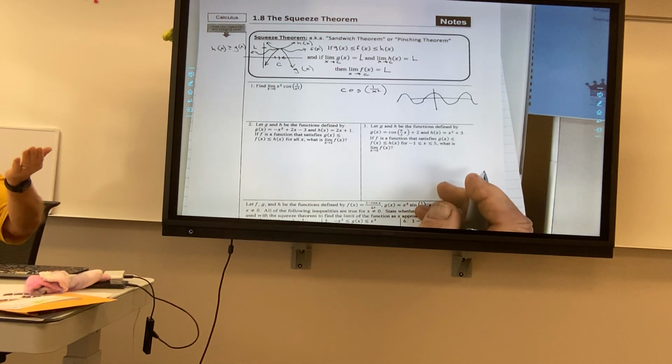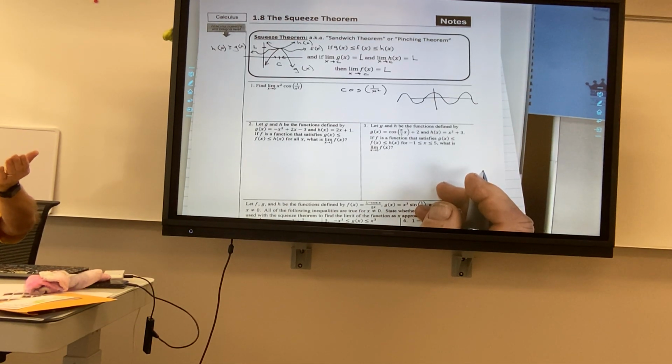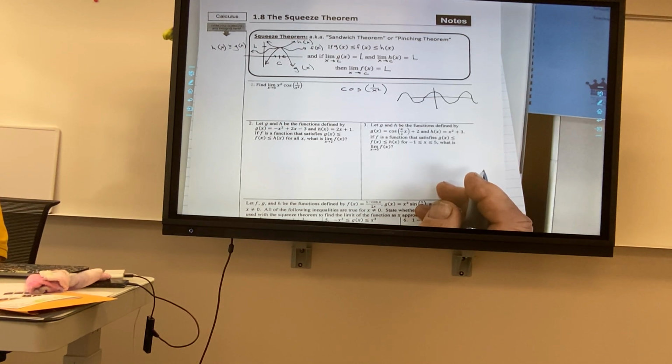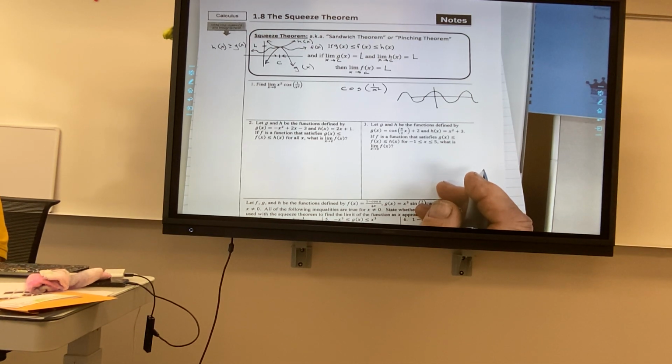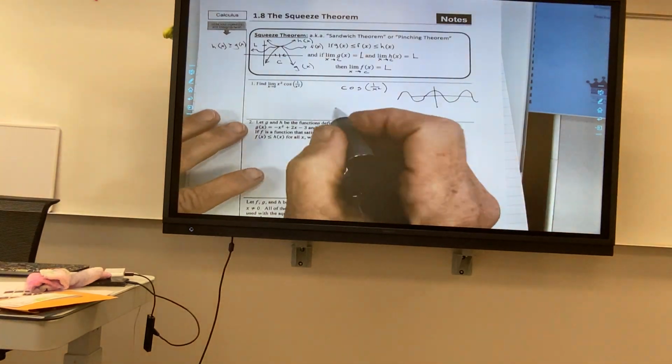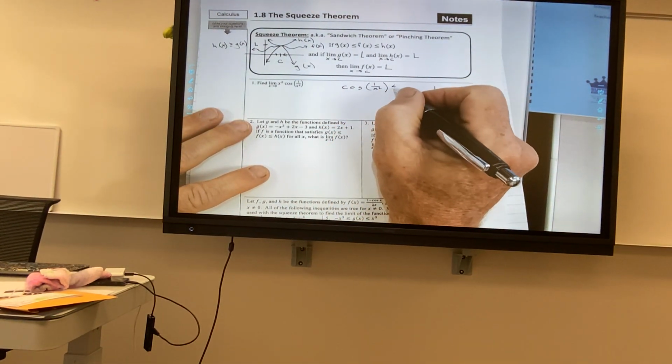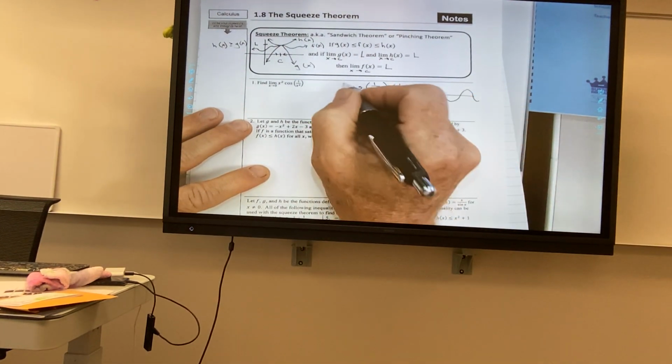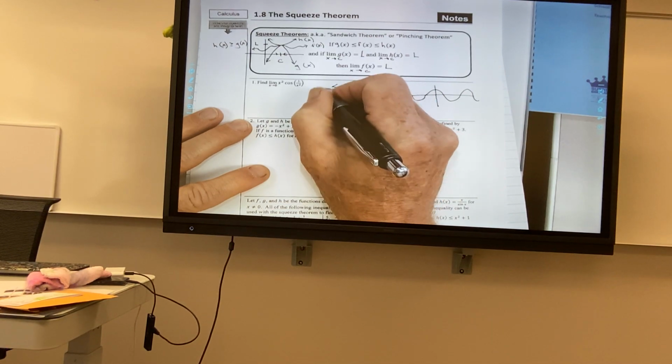But they're bounded by two numbers. What are those two numbers? What y values is this bounded by? One and negative 1? 1 and a negative 1. So I know that this function is between 1 and a negative 1. Guaranteed.